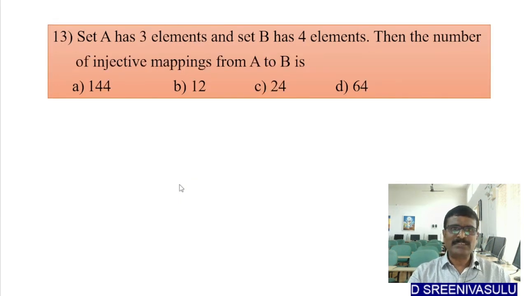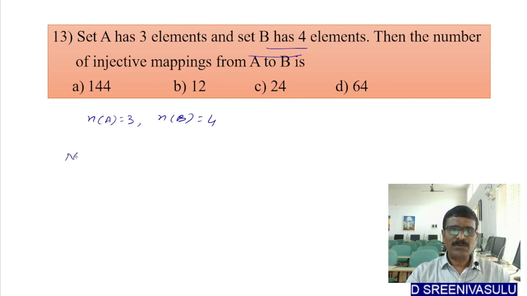Question number 13. Set A has 3 elements, that is n(A) is equal to 3. And set B has 4 elements, n(B) is equal to 4. Then the number of injective mappings. Injective mappings means one-one functions.